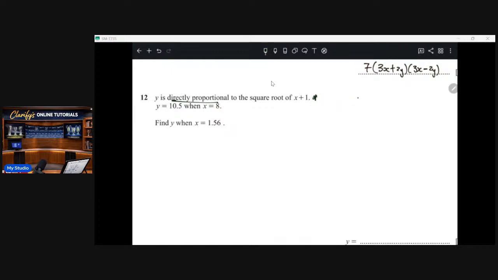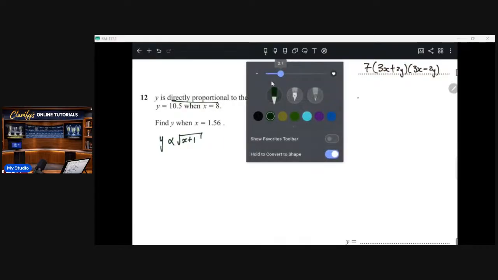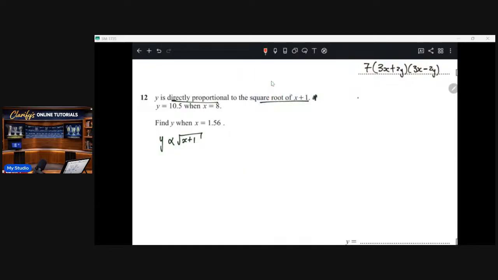Y is directly proportional, so you just say Y is fish, which means directly proportional to what? Square root of x plus 1. So Y fish, square root x plus 1. There we go. Then now we move on. What do you do? This is the most important thing. You have read the statement. You have converted it to something that we can do in maths.